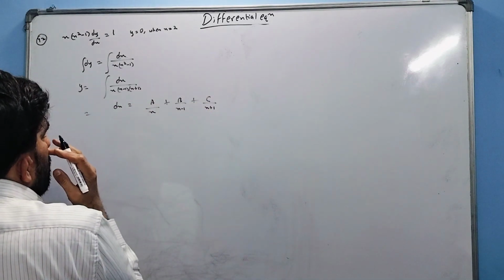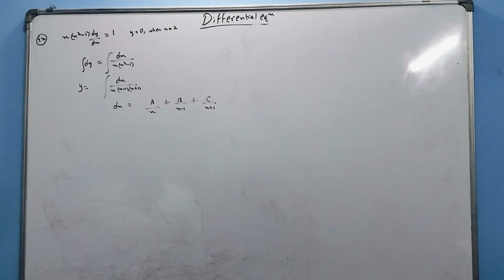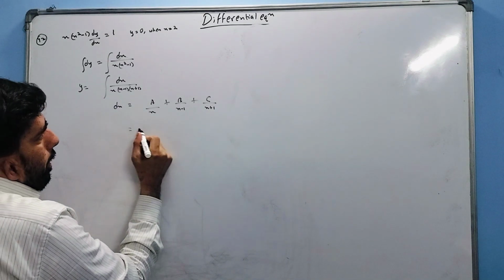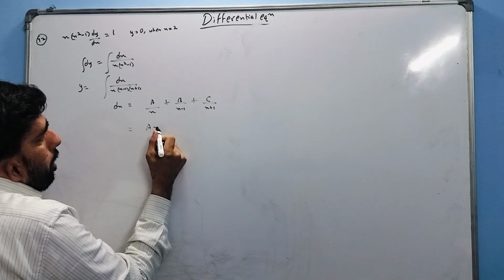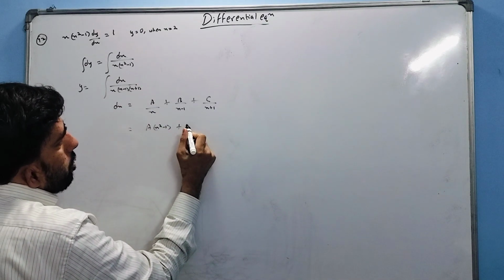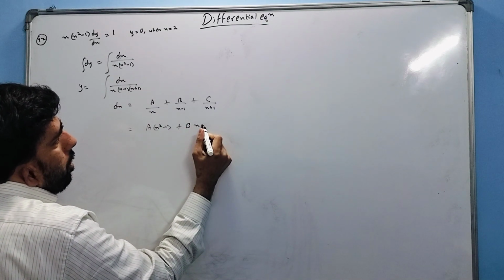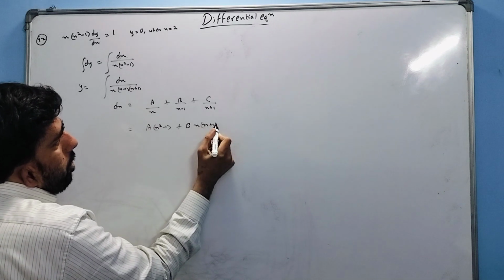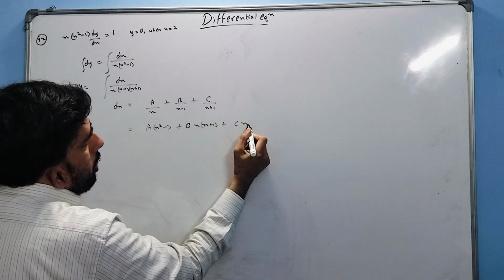Let us see. We can put here a(x square minus 1) plus b(x plus 1) plus c(x minus 1).